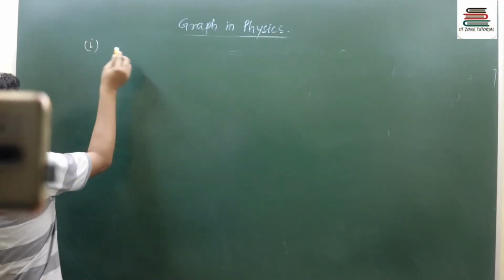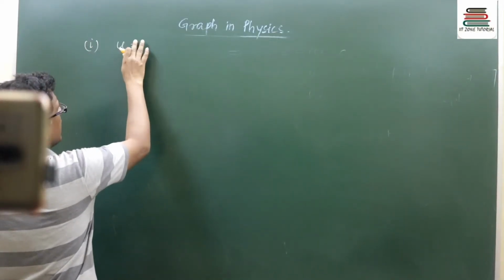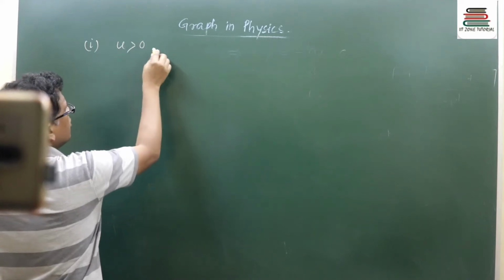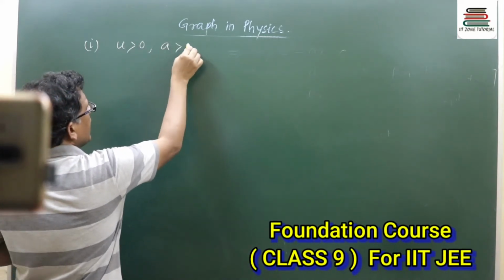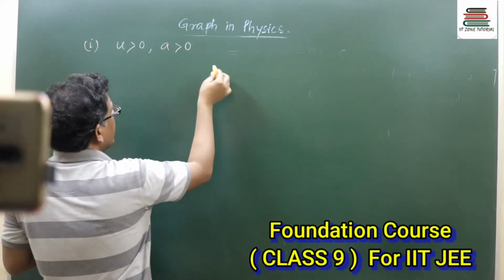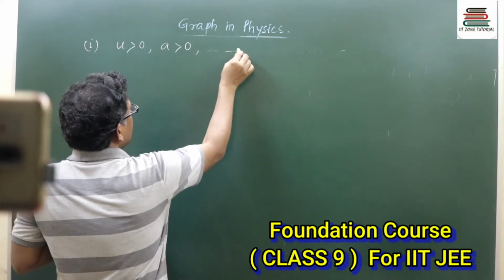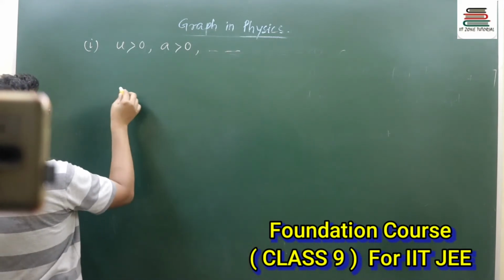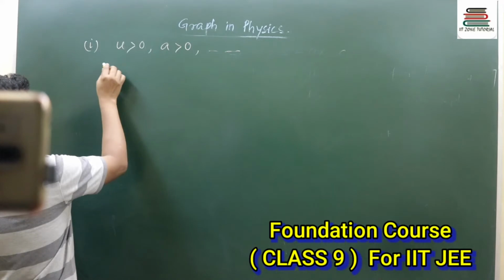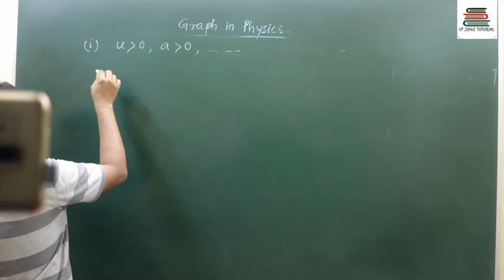Case 1: U positive, A positive. Then the corresponding graph means taking more... something like that.